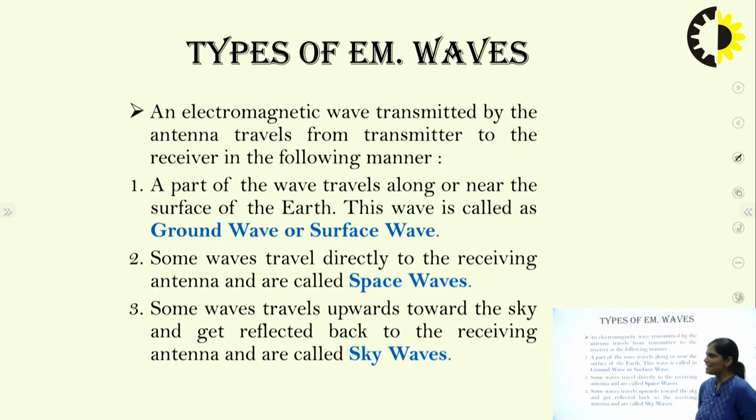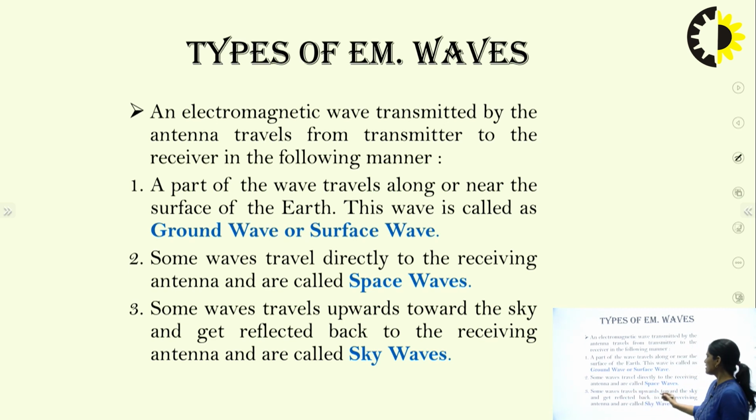Now, what are the types of electromagnetic waves? There are three types: ground wave, or you can say surface wave, space wave, and the third one is sky waves. First, what do you mean by ground wave or surface wave? A part of the wave traveling along or near the surface of the earth is known as ground wave. Some waves travel directly to the receiving antenna, that is known as space wave.